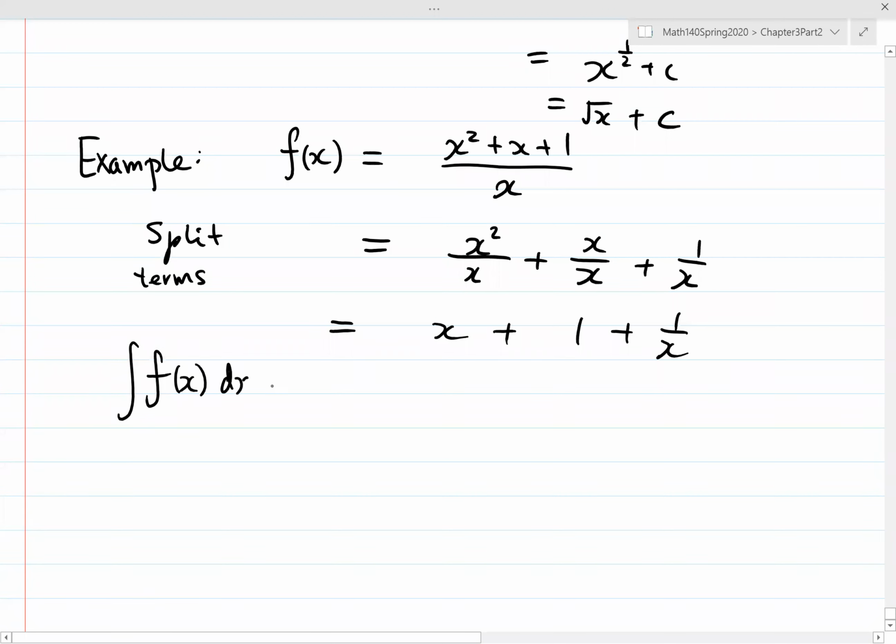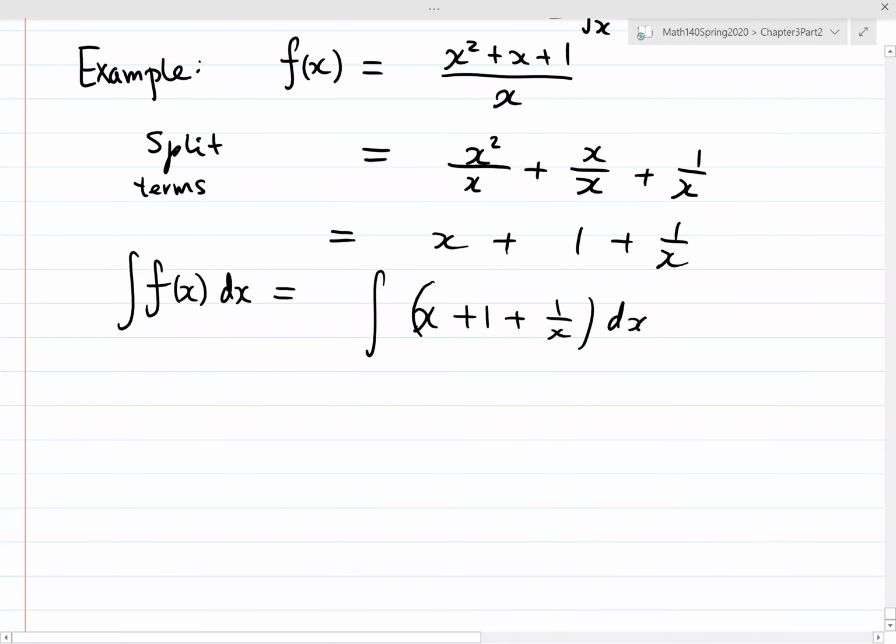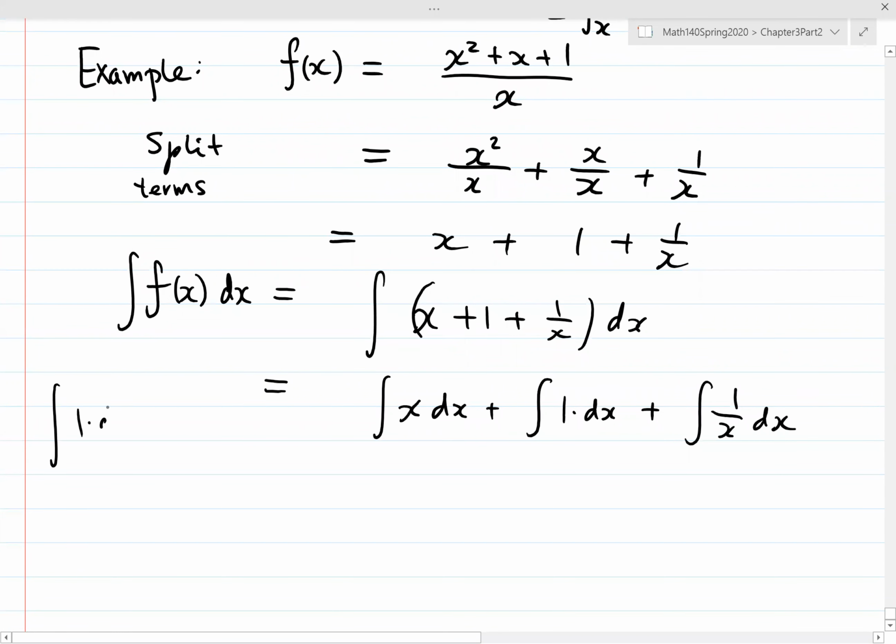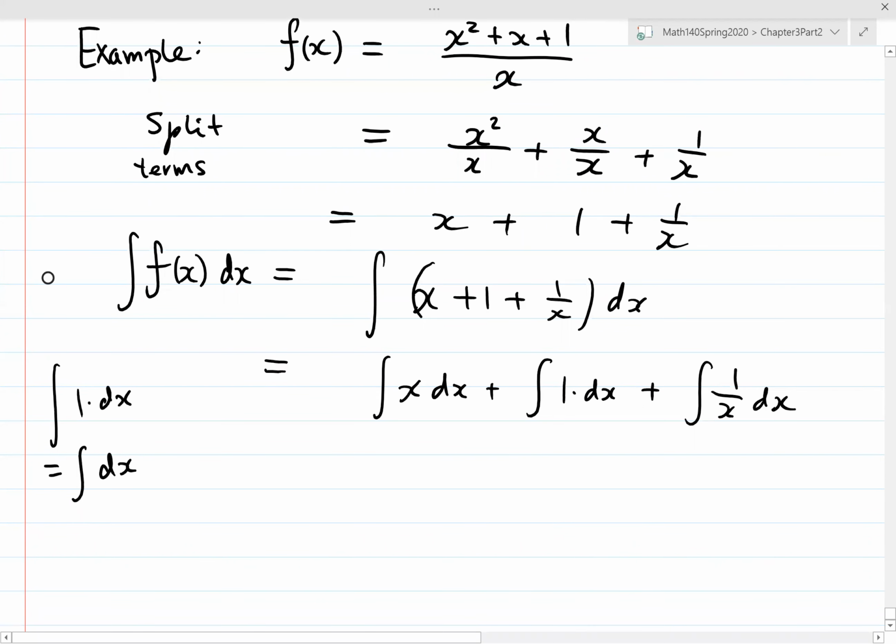Then the antiderivative of f(x) dx is the integral of x plus 1 plus 1 over x dx. Now distribute: x dx plus 1 dx. 1 times dx you can simply write as dx. 1 times anything is itself.